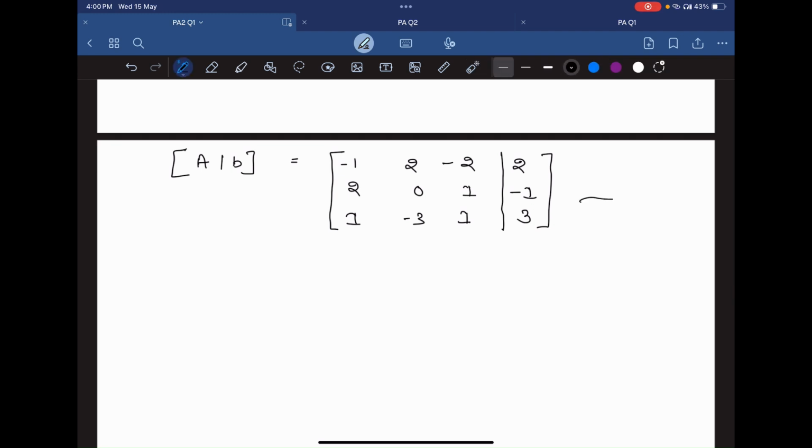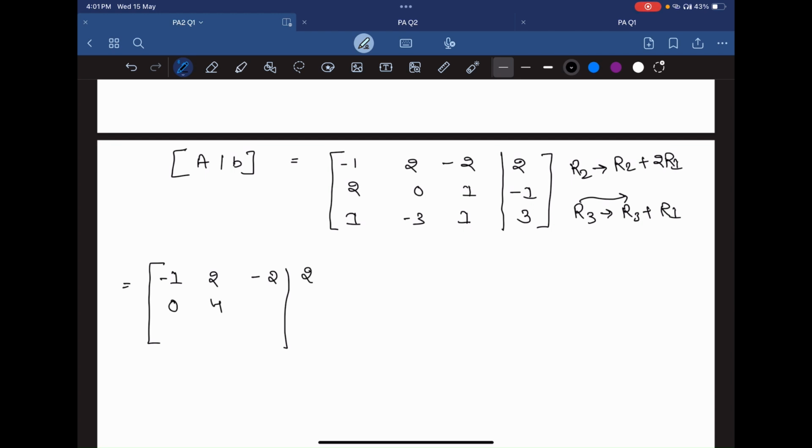So let's first do an operation on the second row, that is R2 plus 2 times R1, and on the third row it is R3 plus R1. The first row will remain as it is, and the second row would be 0, 4, minus 3, 3, and the third row 0, minus 1, minus 1, 5.